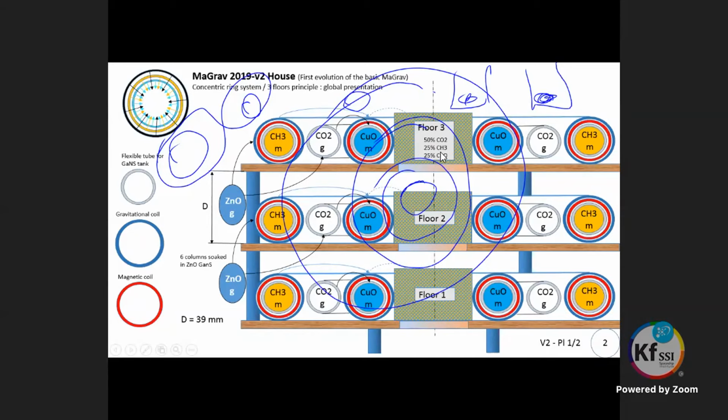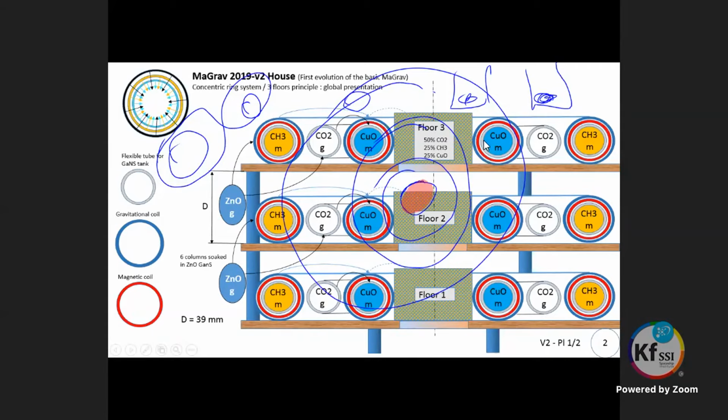Est-ce que vous pouvez expliquer juste pour moi, pour que je puisse lui dire en anglais? En fait, dans la boîte cylindrique, ici, j'ai fait un mélange qui est le mélange classique de 50% de CO2, 25% de CH3 et 25% de CuO. Et pour moi, c'était suffisant pour qu'il y ait justement l'échange dont il parle. Est-ce que tu comprends?